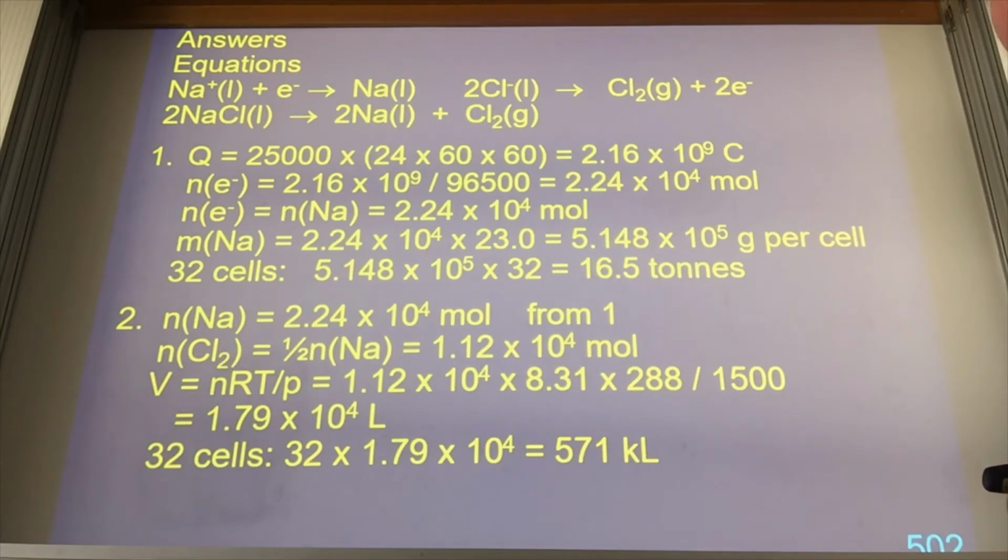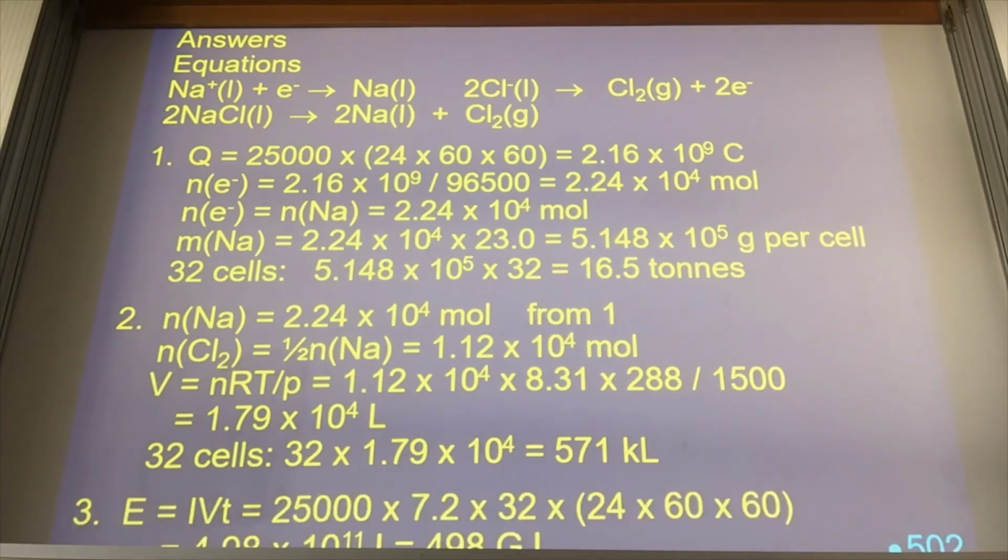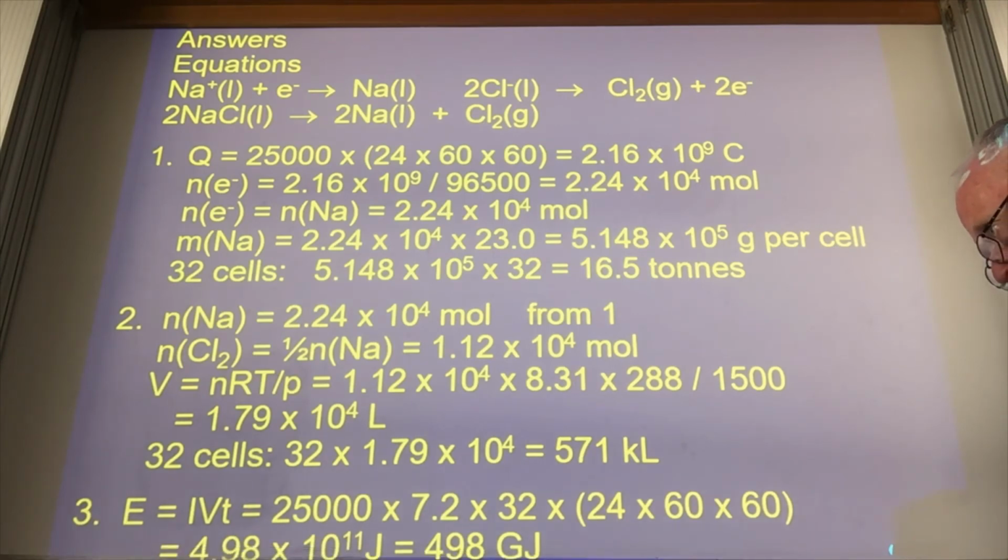Energy. E equals IVt is the formula which I think we did early on in Unit 3? If not, we'll be doing it. It's actually a little q these days, isn't it? Q equals IVt. So we've got the current, we've got the voltage, and we've got the time.